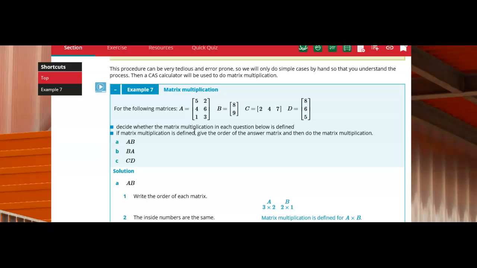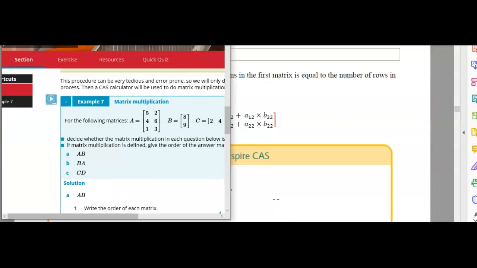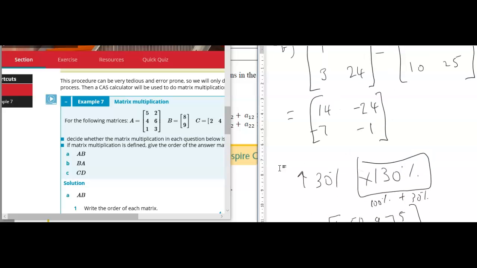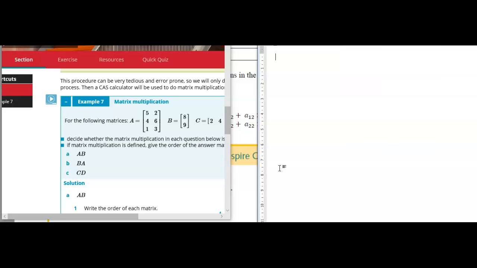First of all, decide whether the matrix multiplication in each question is defined. That means, can we do it? And if it is defined, give the order of the matrix and then do the matrix multiplication. I'm going to make this smaller, and there's my working out from before, so let's just delete all that.